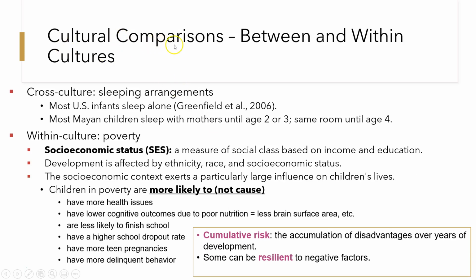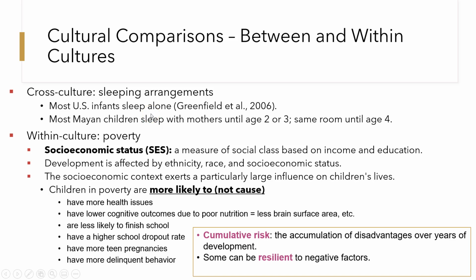Importantly, when we talk about cultural comparisons, we want to talk about between cultures and within cultures. When we talk about between cultures, or cross-cultural research, we're asking how one culture is different from another. An example of this is sleeping arrangements. Most U.S. infants sleep alone.